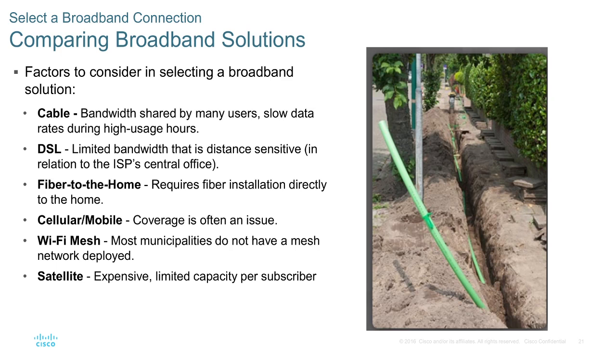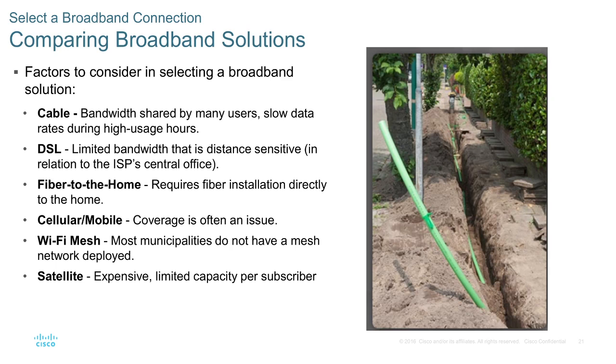It's a shared medium connection. DSL is a dedicated medium connection, but there's a distance limitation. So you can't be located too far from the ISP location. You have to be within like 5 kilometers, 5.5 kilometers of that limit.